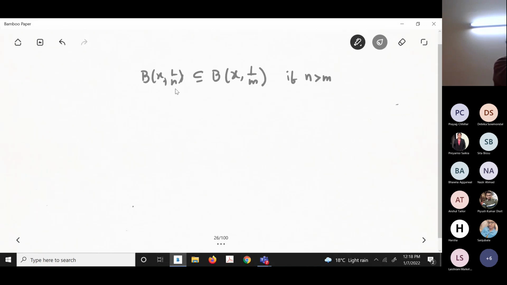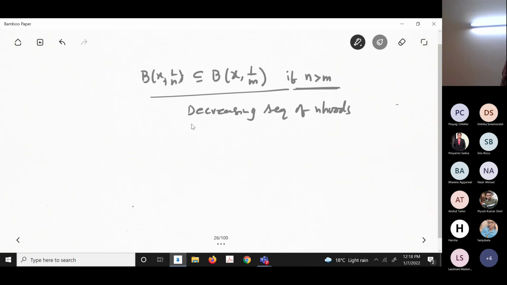That means you are getting a decreasing sequence of neighborhoods. This one you will need in the proof also.